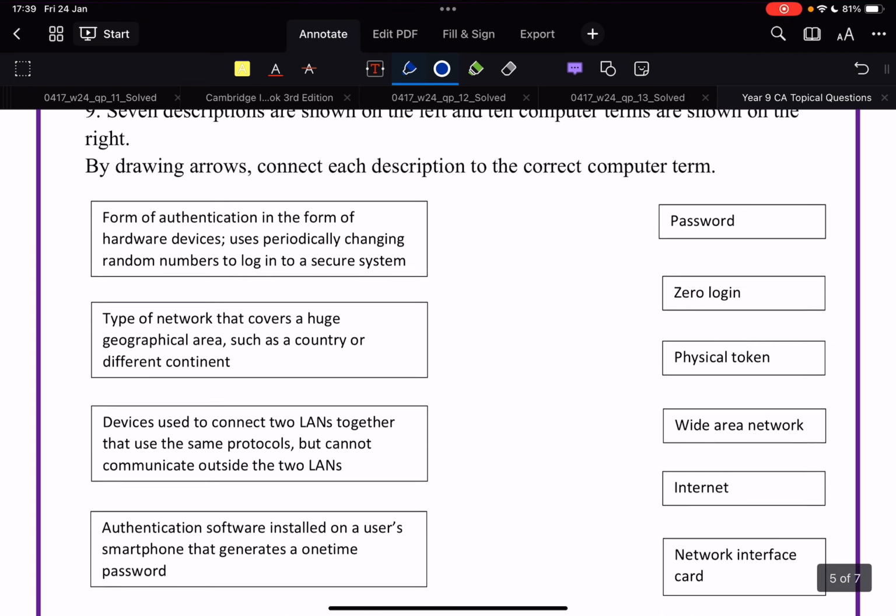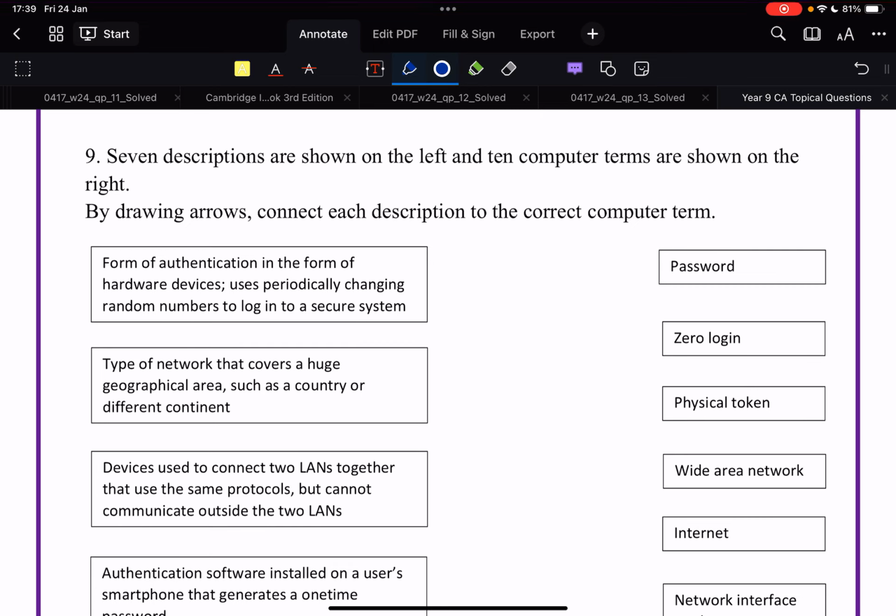Let's look at this. 7 descriptions are shown on the left and 10 computer terms are shown on the right. By drawing arrows, connect each description to the correct computer term.